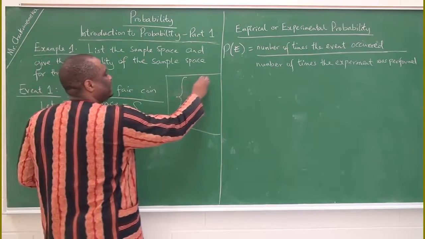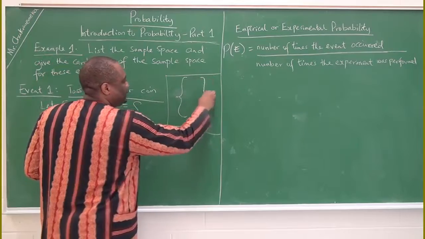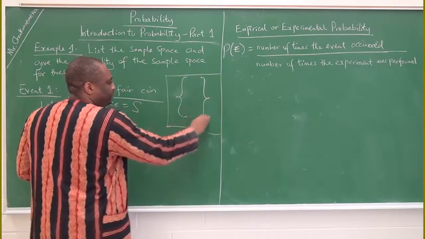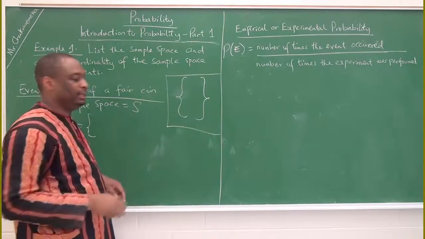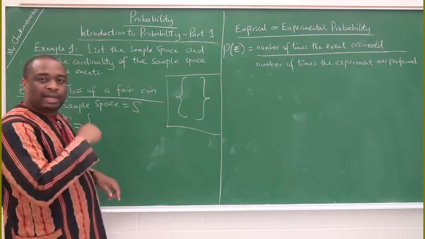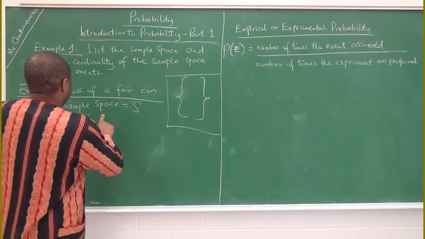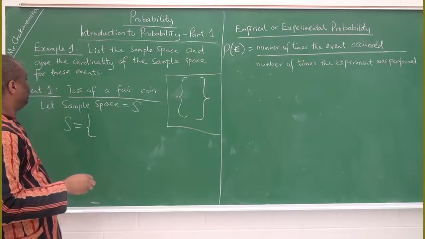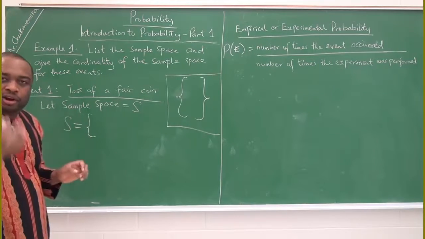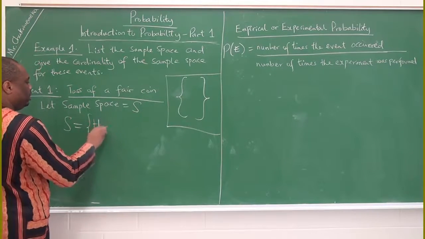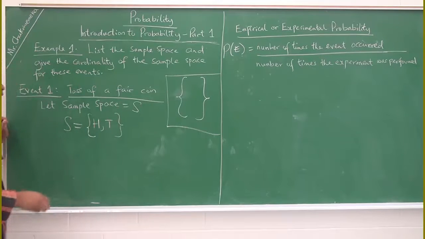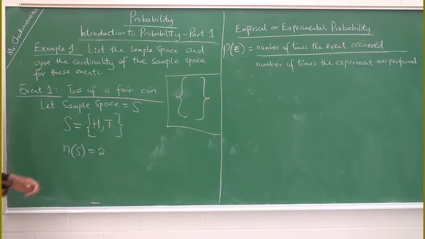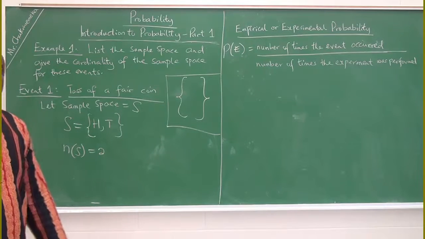And if you want to close the set, you do your hand like that. So that's your set notation. If you toss a fair coin, you can either have the head or the tail. So the cardinality of the sample space will be 2.